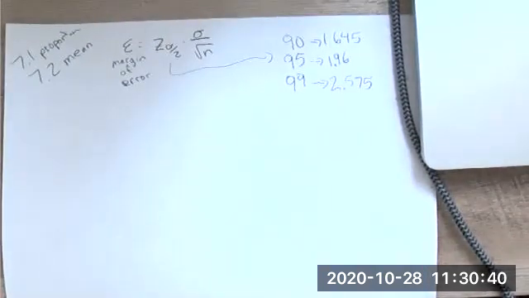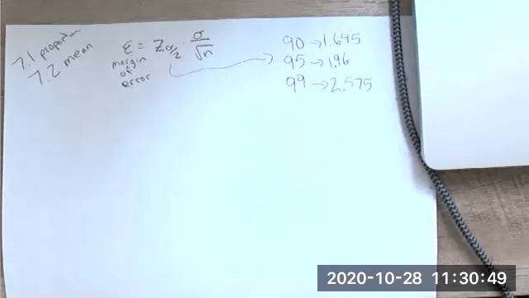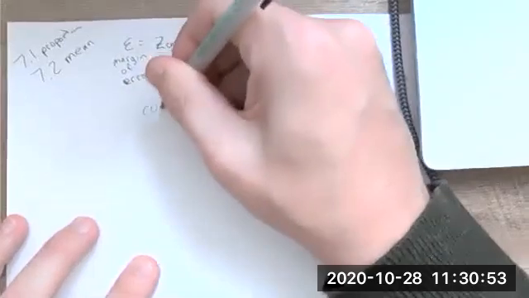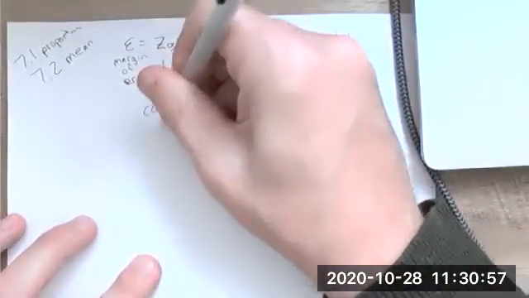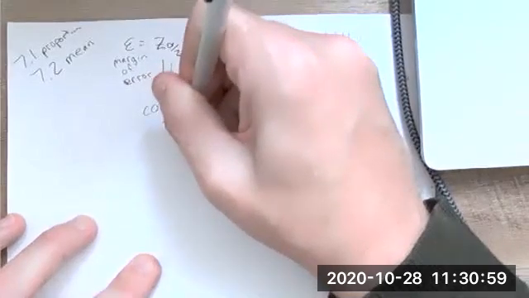Now, this one is going to be a little bit easier and probably even more intuitive as to what we would need to do. Now, I will add a side note. This could be, and this is a question that I get a lot, a T-score.